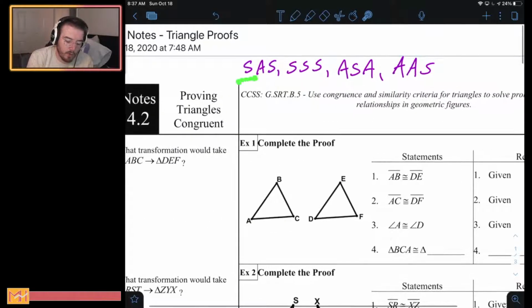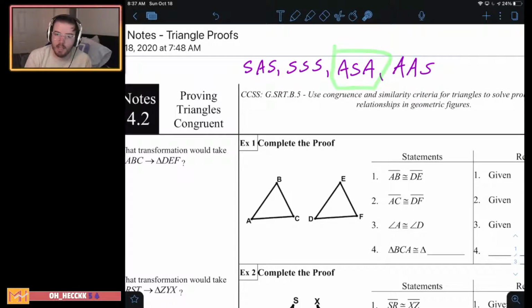These four methods are how we prove triangles congruent. If you can show me SAS, then I'll believe you. If you can show me side, side, side, then I'll believe you. If you can show me angle, side, angle, then I'll believe you. If you can show me angle, angle, side, then I'll believe you.